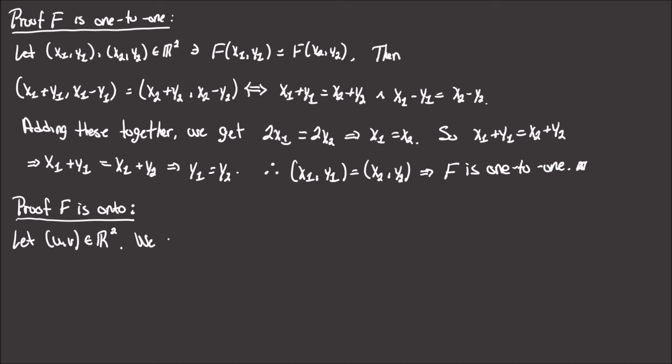And so we must show there is an ordered pair x, y in R squared such that f of x, y is equal to the ordered pair u, v.